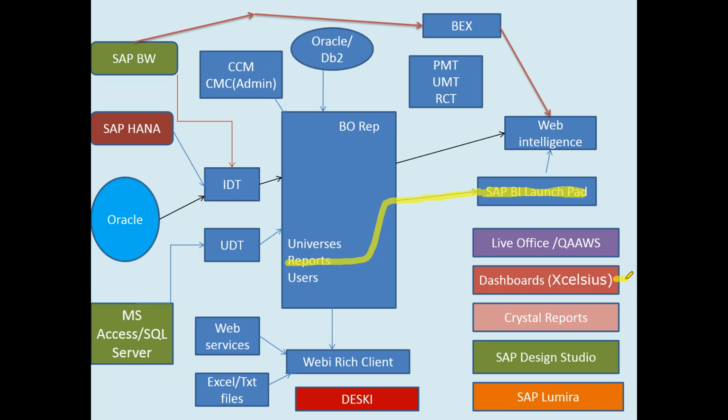You can access the dashboards, the Crystal reports, the Design Studio reports, the Lumira reports, the Web Intelligence reports, and the rich client reports, the desktop-based tools. Whatever reports are already implemented and placed in the BO server, the user can log into the BI Launchpad and access the reports available in the repository. He can access all types of reports, but he can't modify them. He can just open a report and see the updated data in the report. Okay.